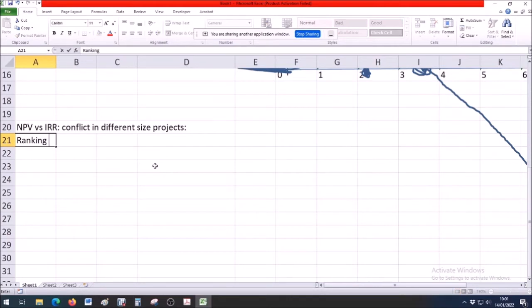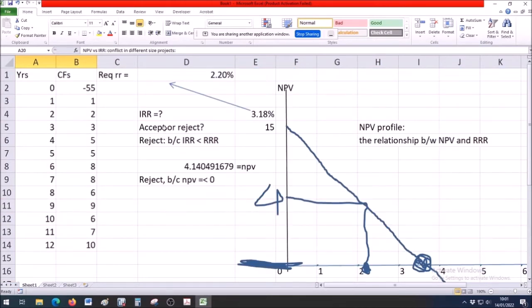That's for ranking of projects. So NPV and IRR don't conflict in terms of accepting or rejecting the project. If NPV says reject, IRR is going to say reject as well, and vice versa.